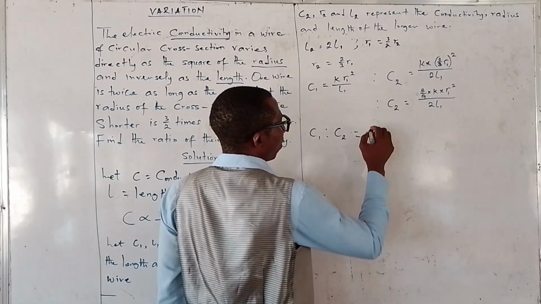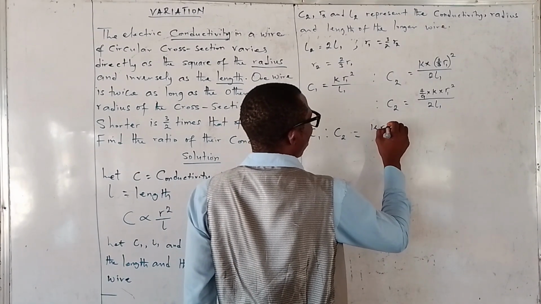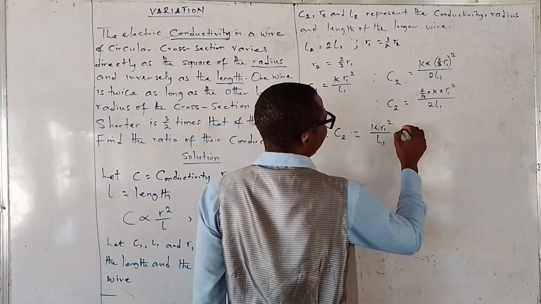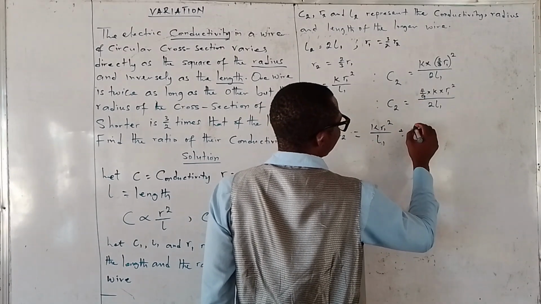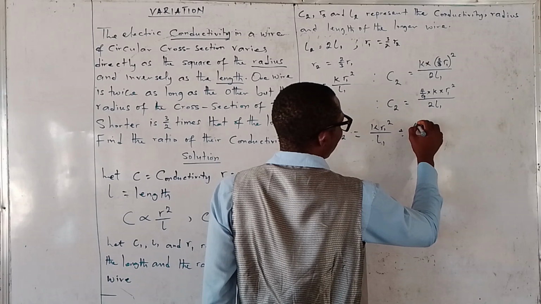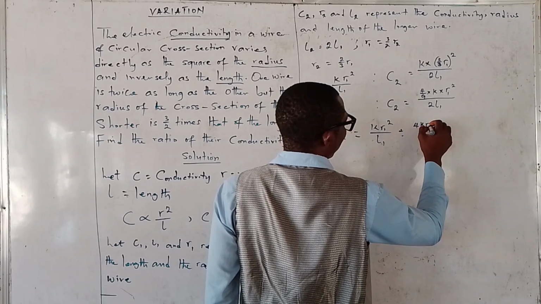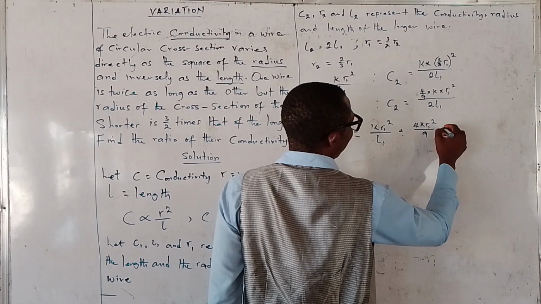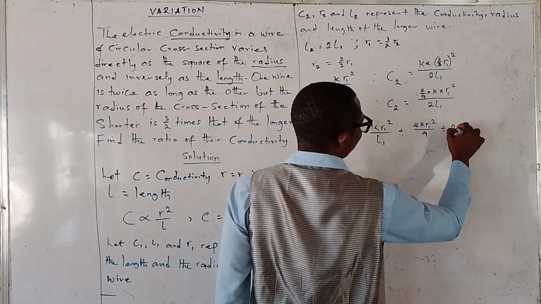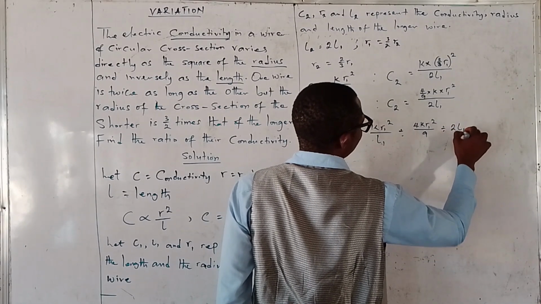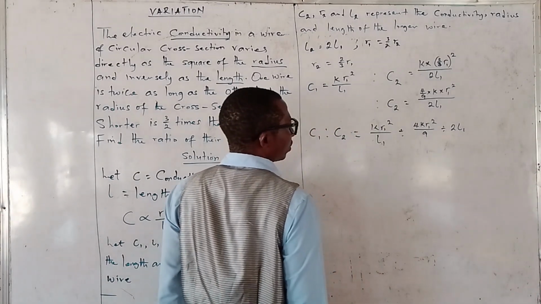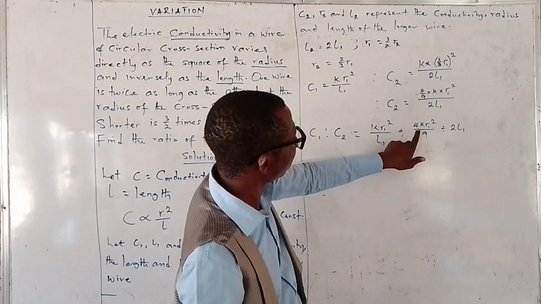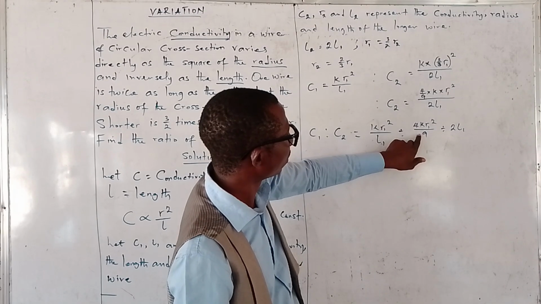So we have K R1 squared over L1 divided by 4 K R1 squared over 9 divided by 2L1. Hope you get that now.